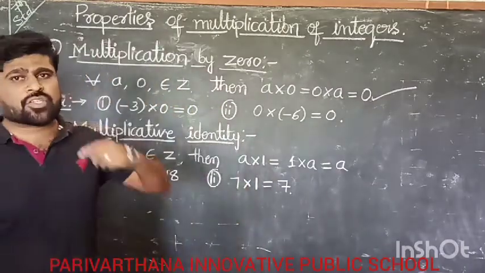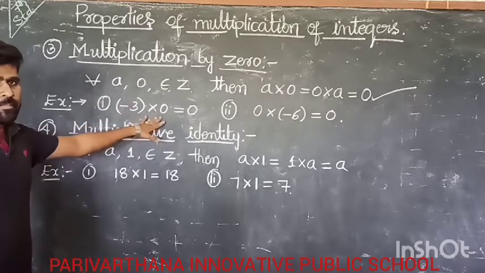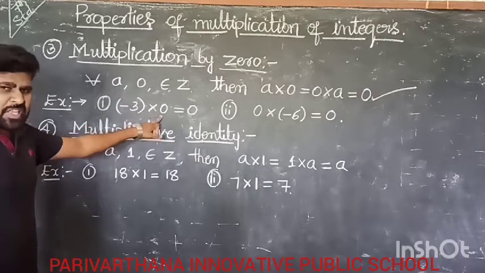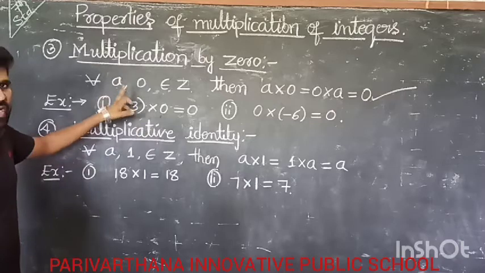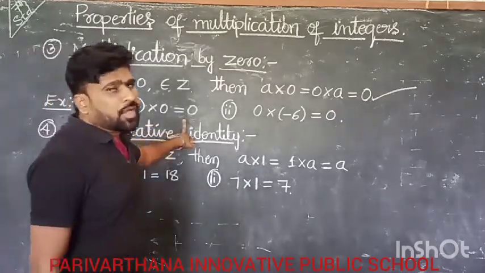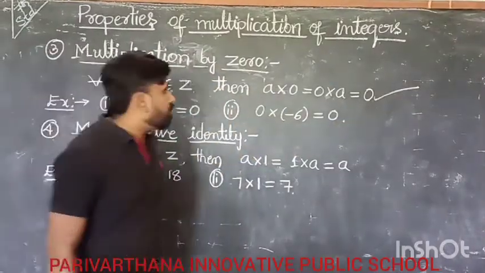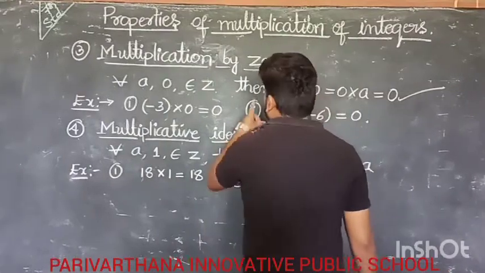This is the multiplication by 0. See the example: minus 3 into 0. Any number, positive or negative integer, multiplied by 0, the answer is 0. Again, 0 into minus 6, the answer is 0.